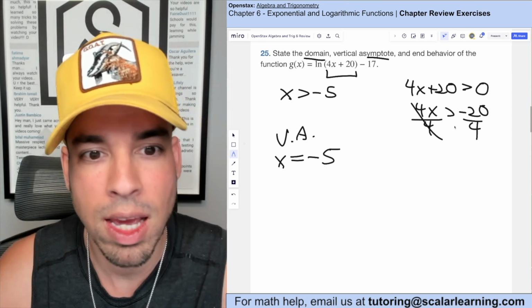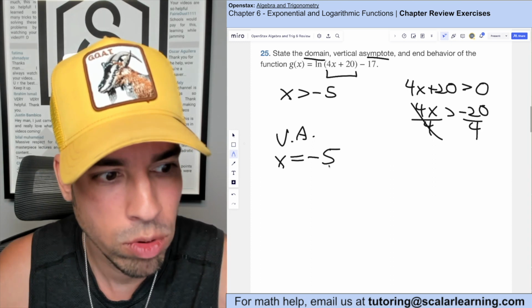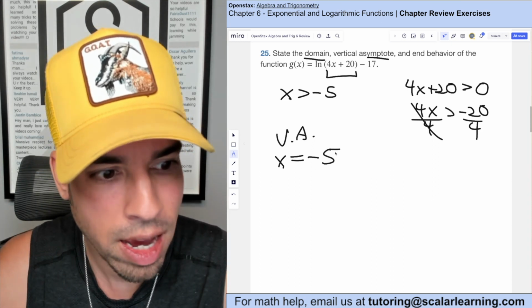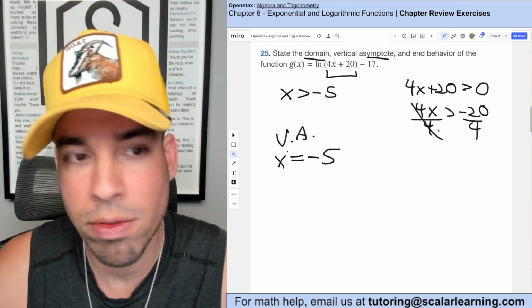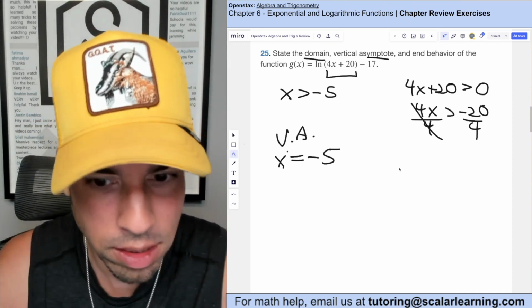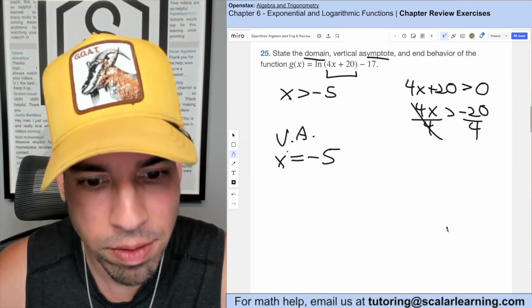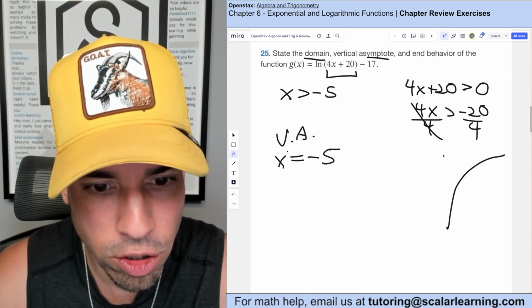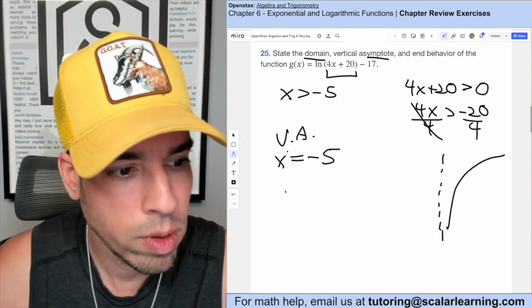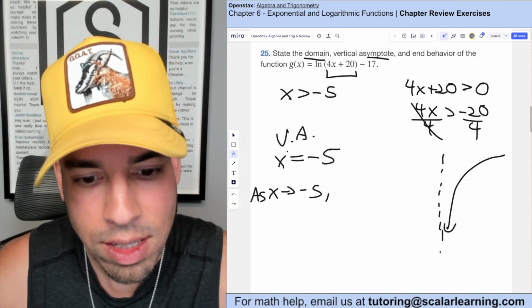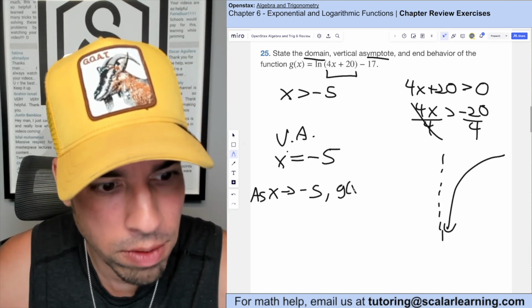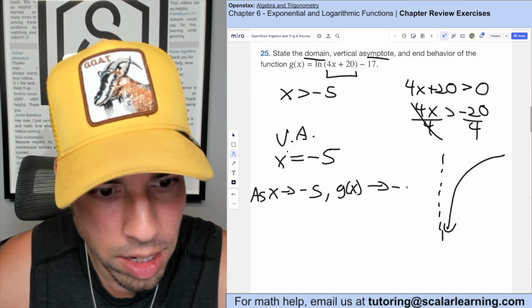And then when we talk about the end behavior, we're talking about two things. We're talking about as x approaches the vertical asymptote, and then also as x goes off to infinity, to the right-hand side. Since this is a typical logarithmic function, it's going to look like this, right? And here's the vertical asymptote. So as x approaches negative 5, you can see that it's going down, meaning the function value g of x is going to approach negative infinity.